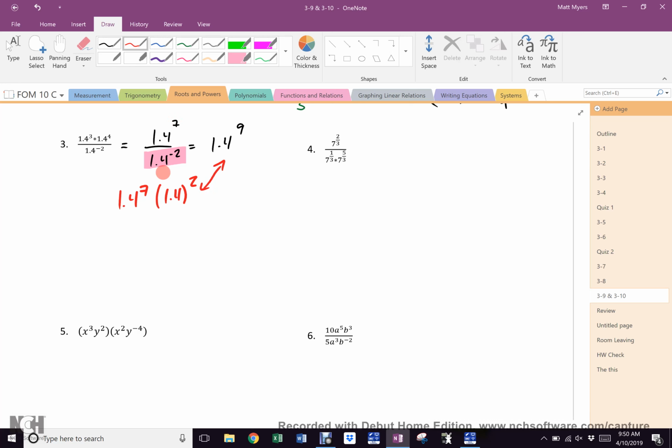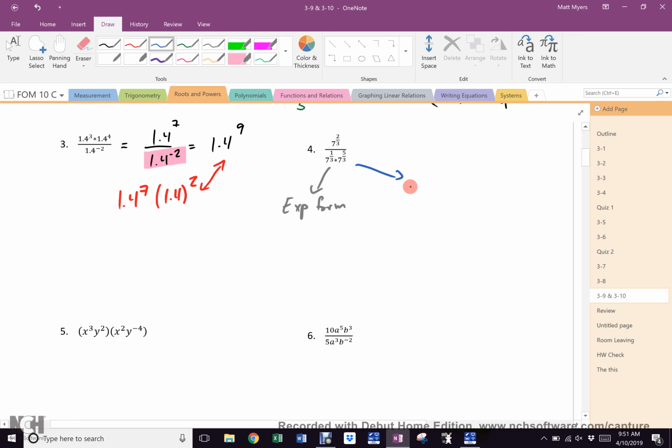Okay. 4 is the first question that does every single thing that we did in the whole unit, right? It's got exponents, it's got rational exponents, and it's got all the same base, so we got to apply our exponent laws. Now, as soon as you see a fraction exponent, that means 2 things. It means we could write it in exponent form, which means we leave the exponents in there.